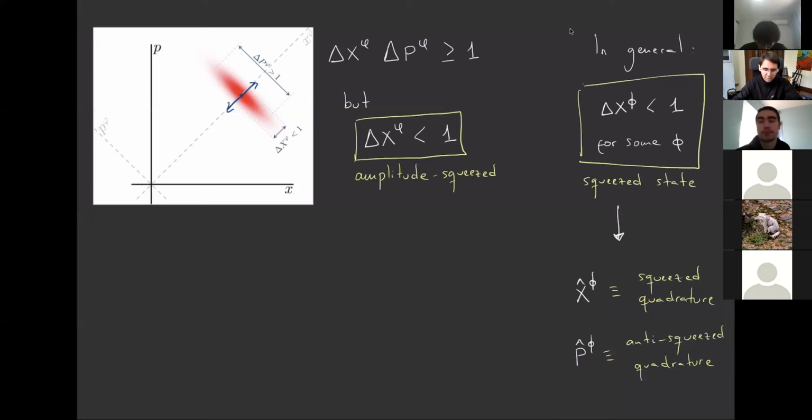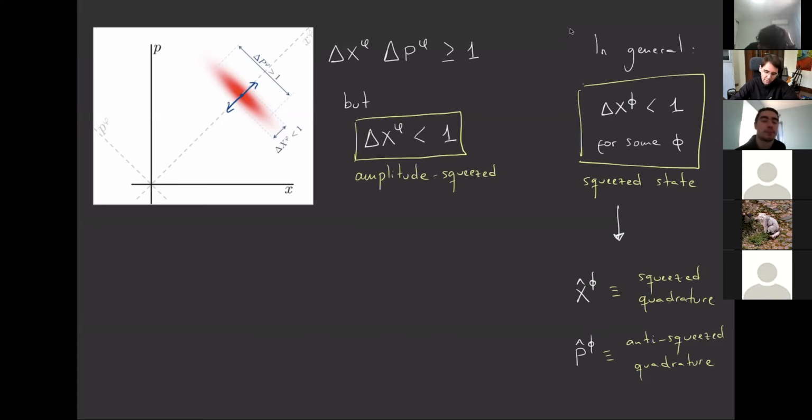And if by some error you actually encode the information in some direction like this one, perhaps you are even making it worse by doing squeezing, because in the direction that is not the one that is squeezed, in particular the orthogonal to it, you are putting more noise. So you are reducing your sensitivity. So it's important that you always put the squeezing in the right direction.